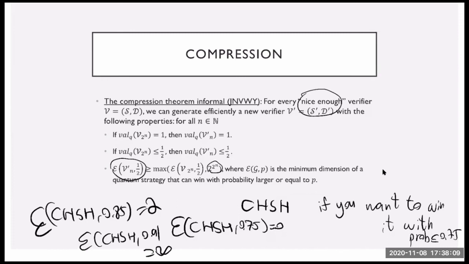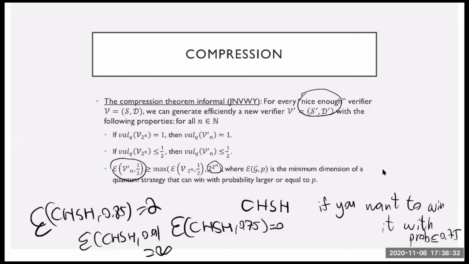So it's harder in the sense of you need more resources. Yeah, thanks. So you need larger entanglement resources to win V prime. V prime requires more entanglement than V itself.